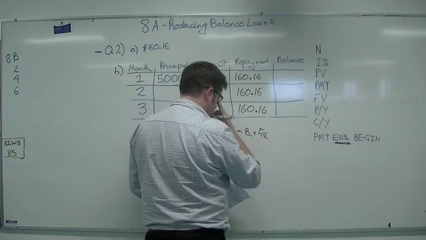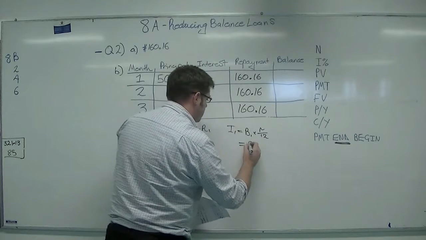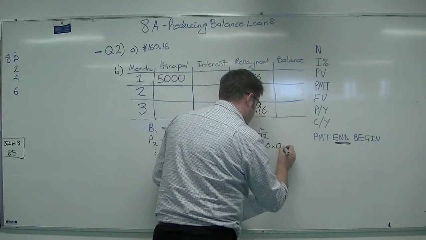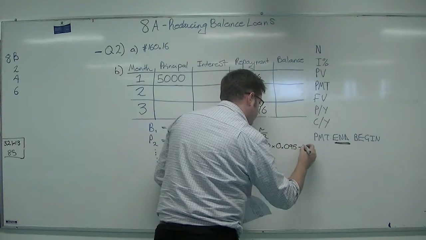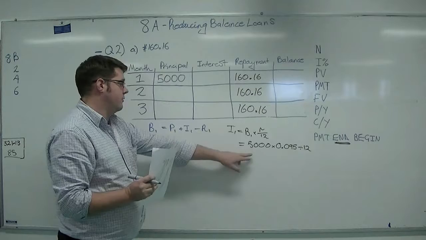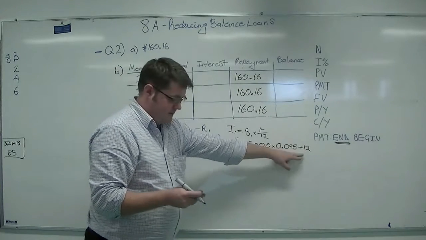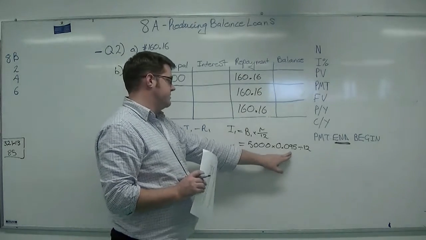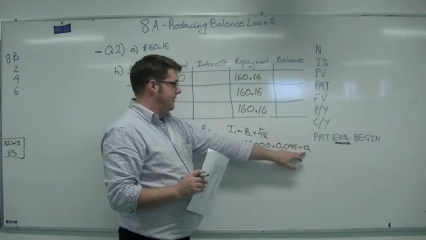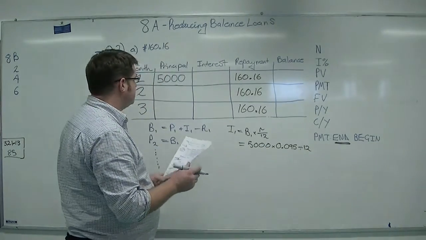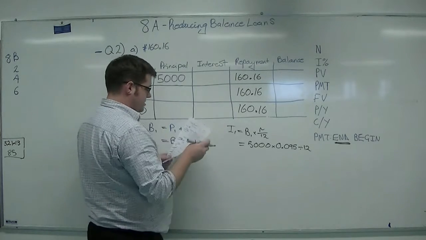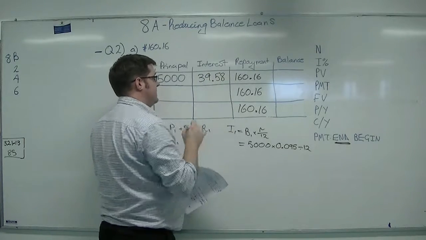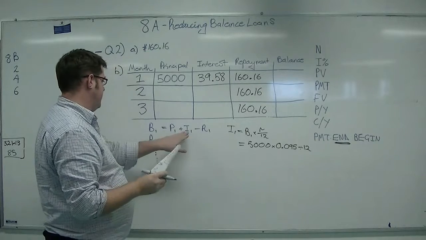So in this instance, it would be 5,000 times by 0.095 divided by 12, because we're told it's 9.5% interest and we're compounding monthly, so we're dividing by 12. So in this instance, the interest on this particular payment will be $39.58.